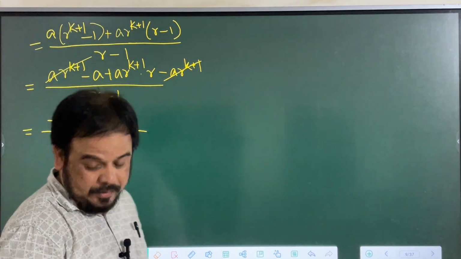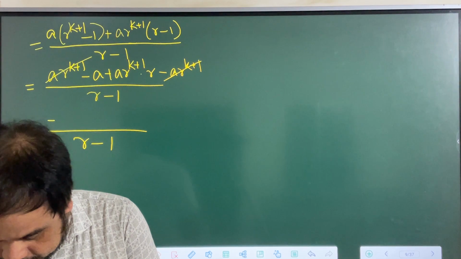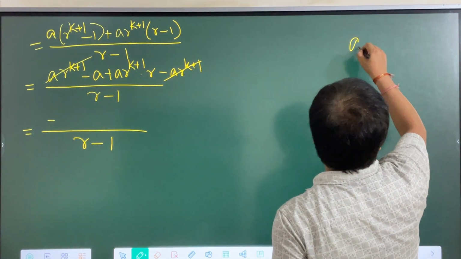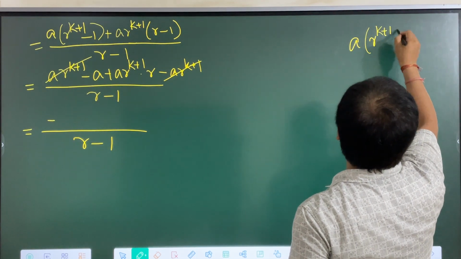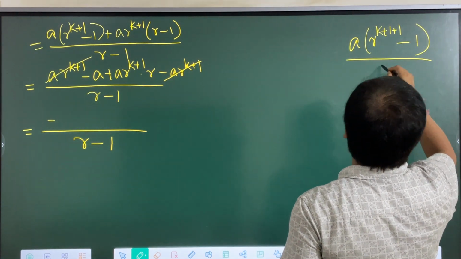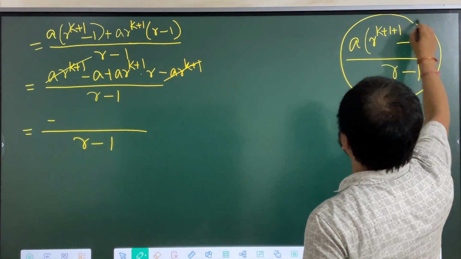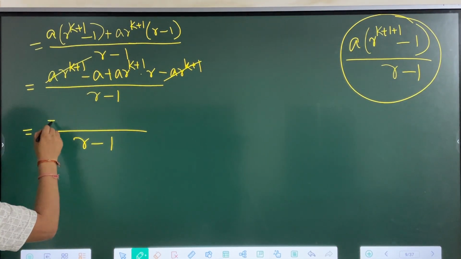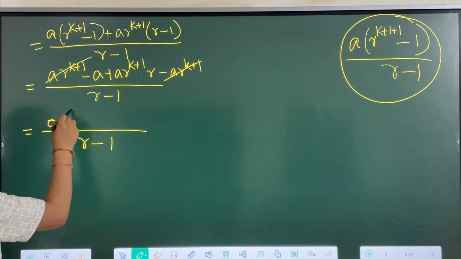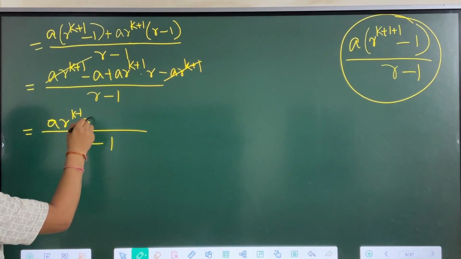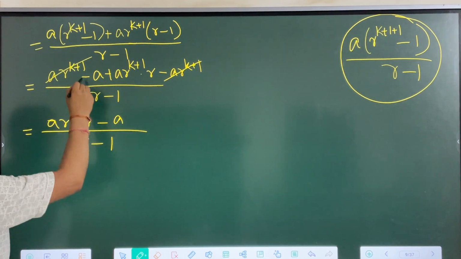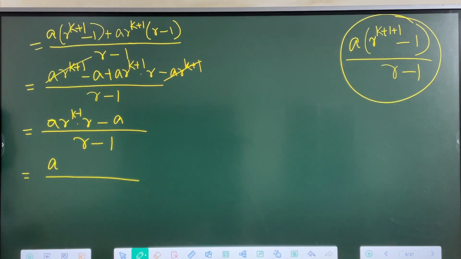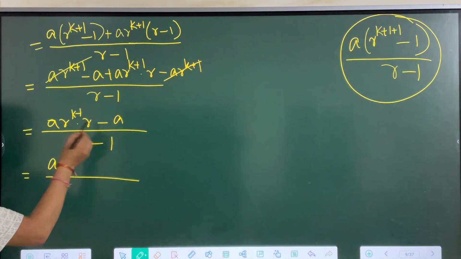Now what is the right hand side? Let us see. A R to the power k plus 1 plus 1, R to the power k plus 1 minus 1 by R minus 1. This is the right hand side. This is what we have to get. Remember that. So AR to the power k plus 1 into R. Let us write first this minus A here. Now let us take A common from these two terms.